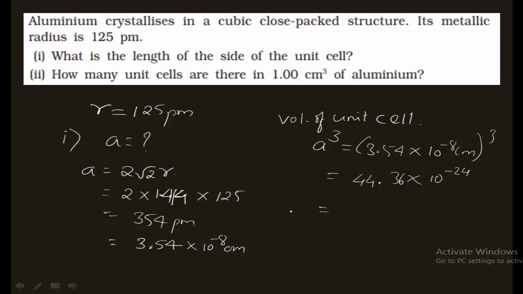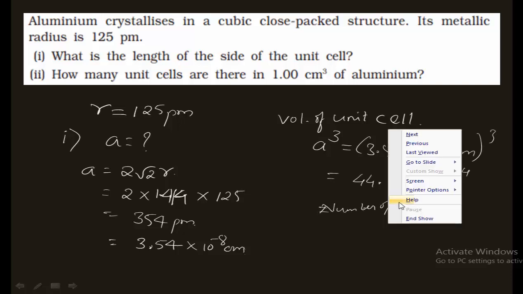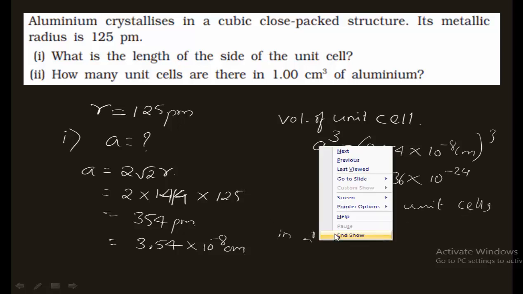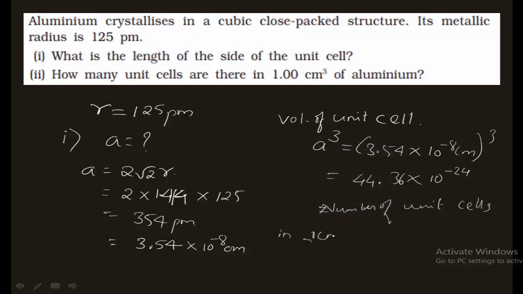Now we have to find the number of unit cells in 1 cm cube. Number of unit cells in 1 cm cube is equal to how much volume they have given? 1 cm cube given volume to the total volume, that is 44.36 into 10 raised to minus 24.